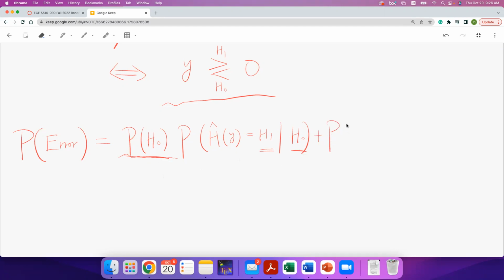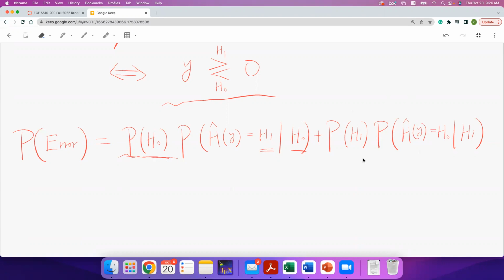This is one type of error. The other type of error is when we transmit H1 and, conditioned on this transmitted signal, we decide H0. So these are the only two cases where we can make mistakes.